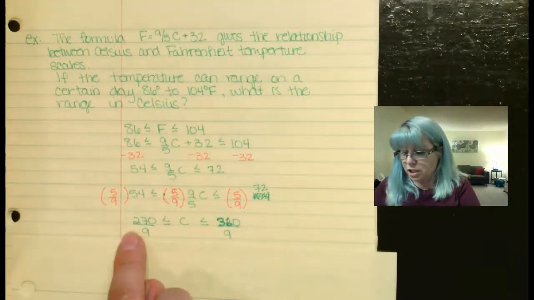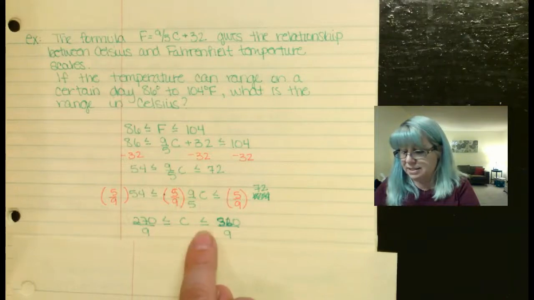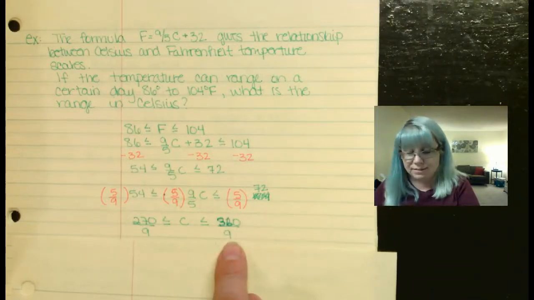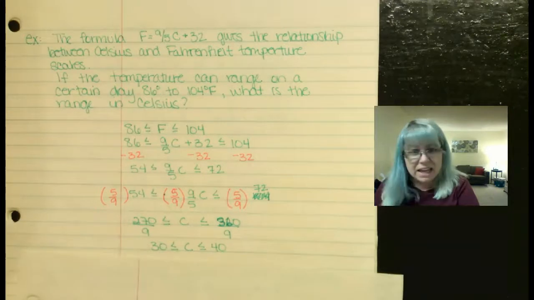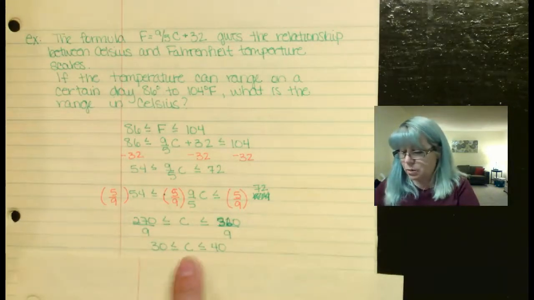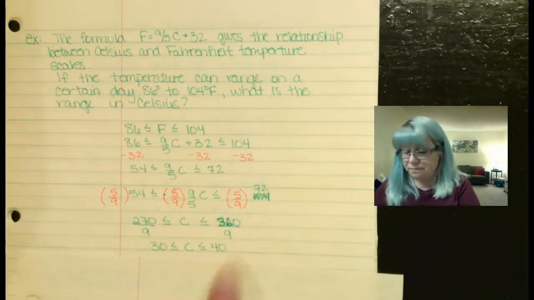That's going to give me 270 over 9 is less than or equal to C is less than or equal to 360 over 9. Divide everybody by 9. 30 is less than or equal to C is less than or equal to 40.